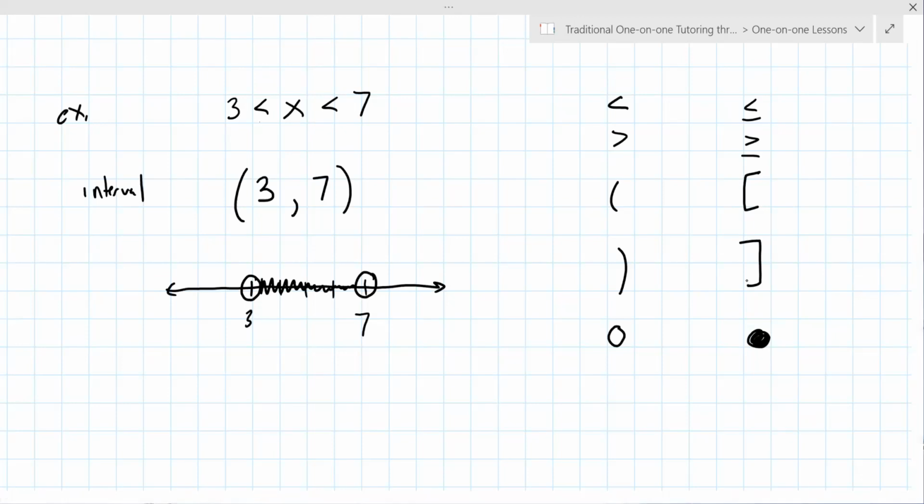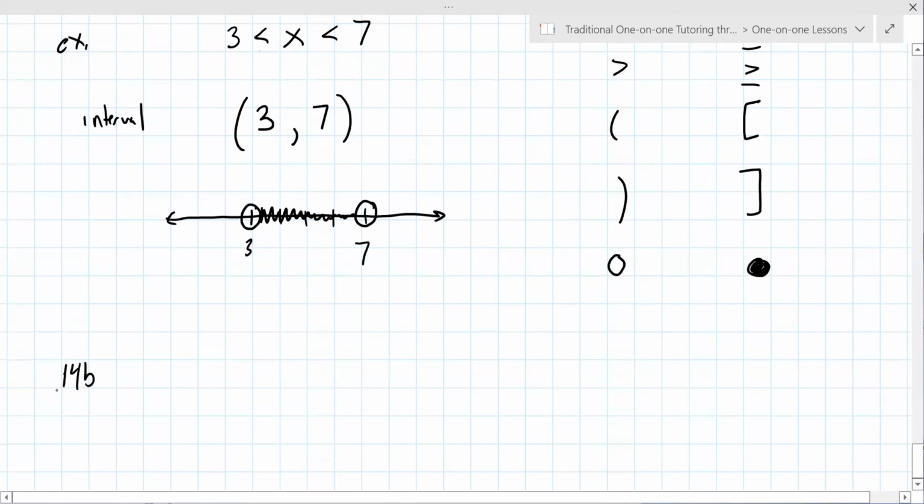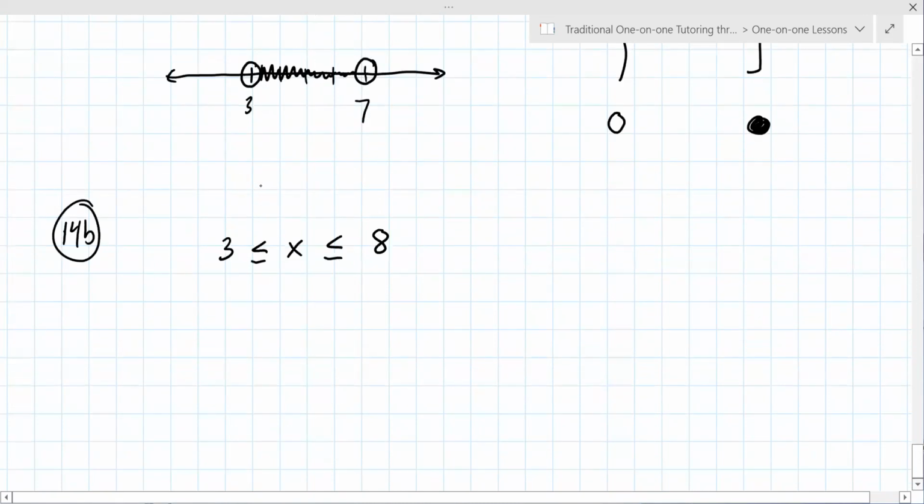All right, so I'm gonna do B, but I'm gonna give you the inequality first. So here's the inequality. 3 less than or equal to X less than or equal to 8. So that's the inequality for B. And you'll see in a moment why I'm doing this.